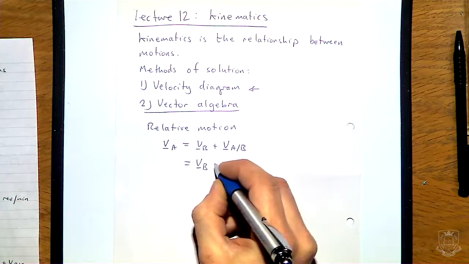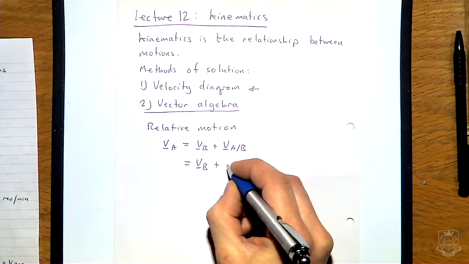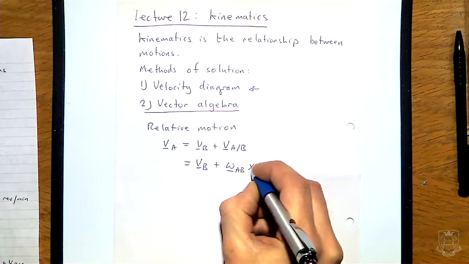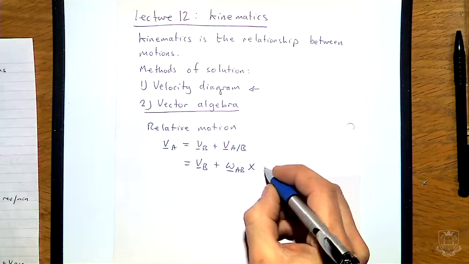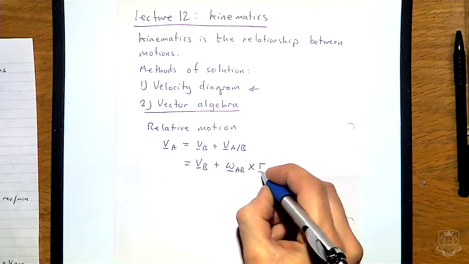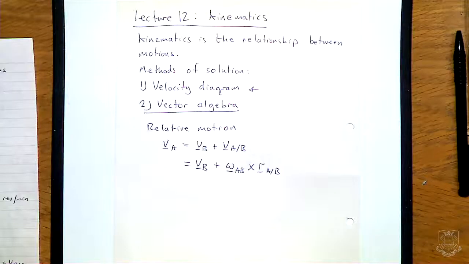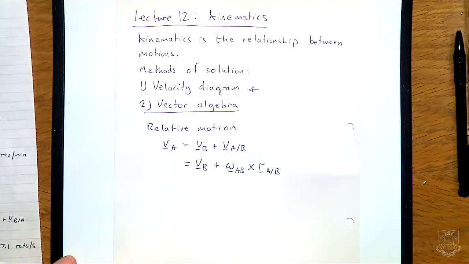It can be the velocity at B plus a rotation vector, omega AB, and then the cross product of that with a distance vector. Okay? So we got to that point in the last lecture, and so what we're going to do in this lecture is go through a couple of examples to show you how we can make use of this in solving kinematic type problems.